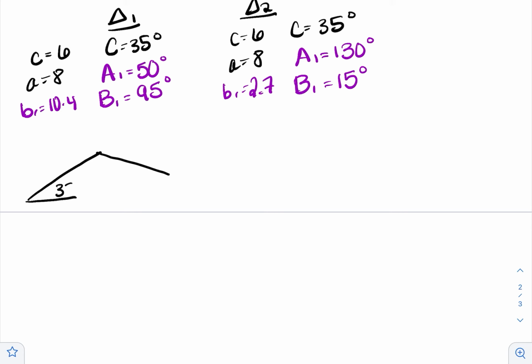So this was 35 degrees. This was 8. This was 6. And then what we found was that the bottom side here was 10.4. This was 95. And this was 50.